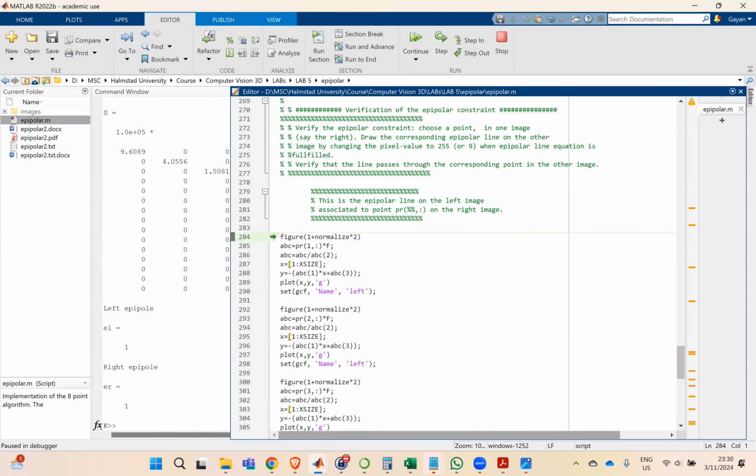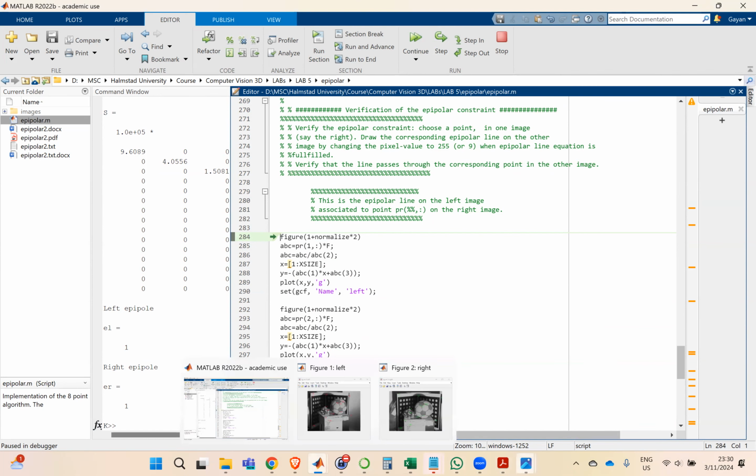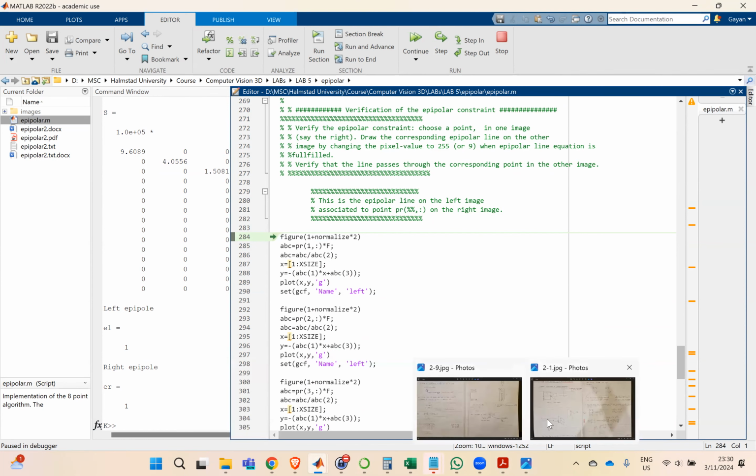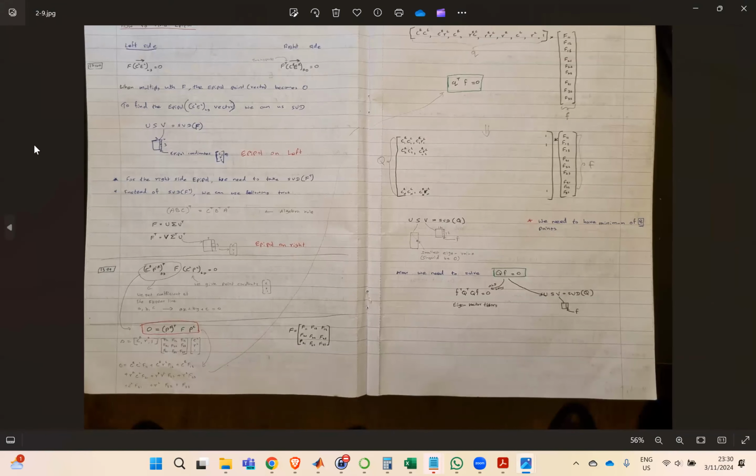Now we have the F matrix. So I'll come to the maths part again. To get the F matrix, remember guys, you need to do the SVD 2 times. First, directly by taking here, we can take the F matrix, but we need to make the correction. That's why we take the SVD again and reconstruct it.